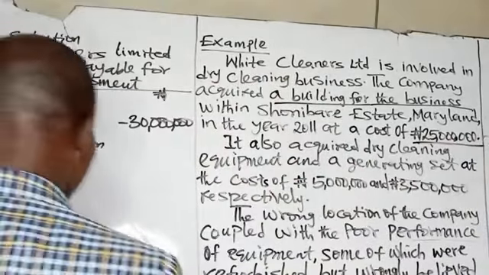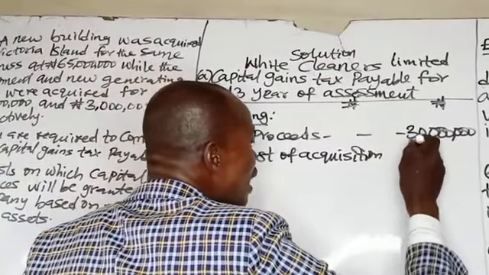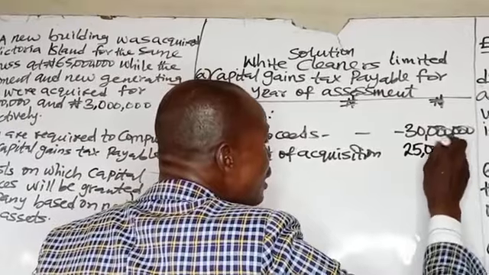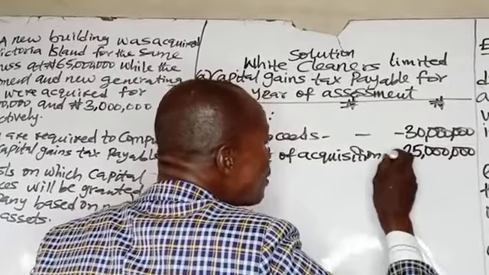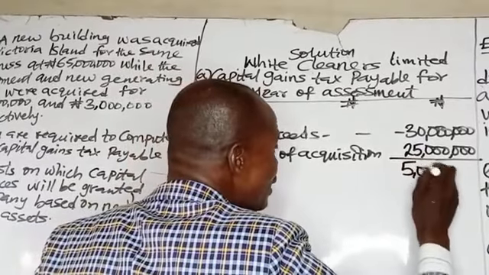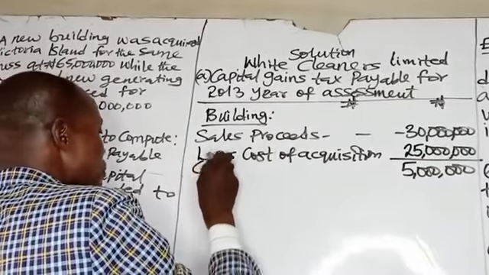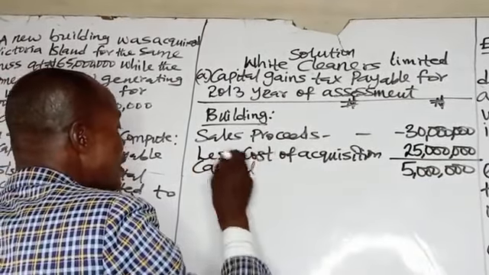The cost of building is 25 million. So less cost of acquisition, which is 25 million naira. If you deduct 25 million from 30 million, then you'll be left with 5 million naira. This 5 million naira is the capital gain.